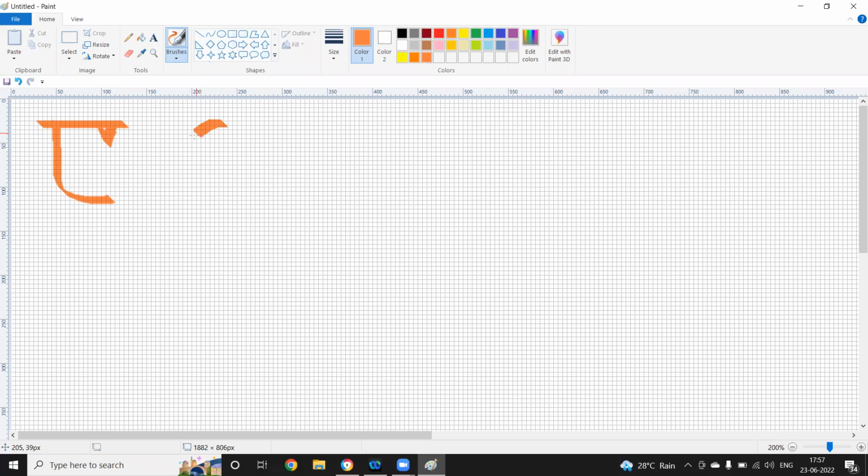Then the next one, tha, just a round, it's not oval, a simple round figure. Then da, and stop. This end point should be away from the central axis.